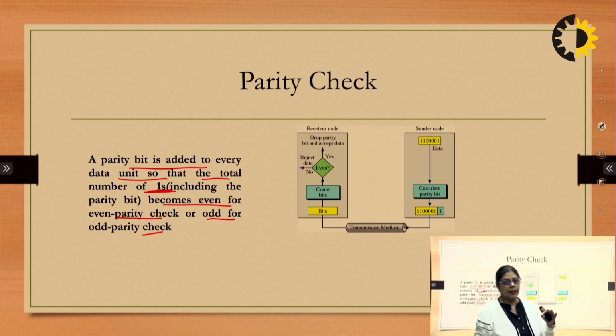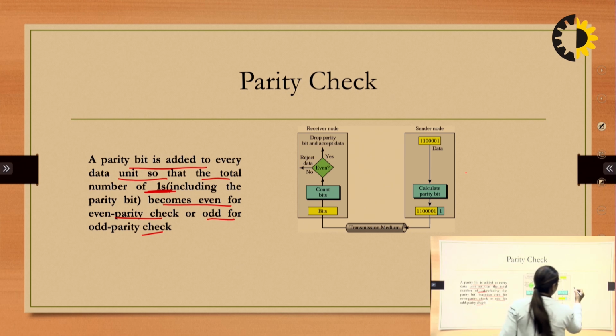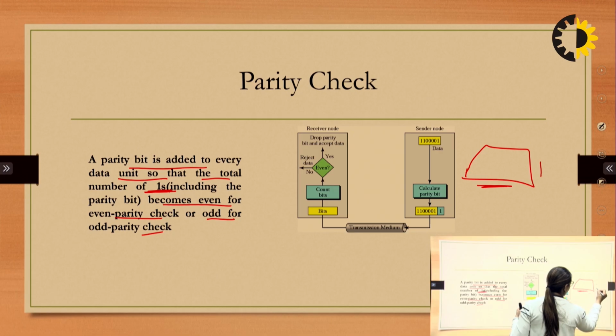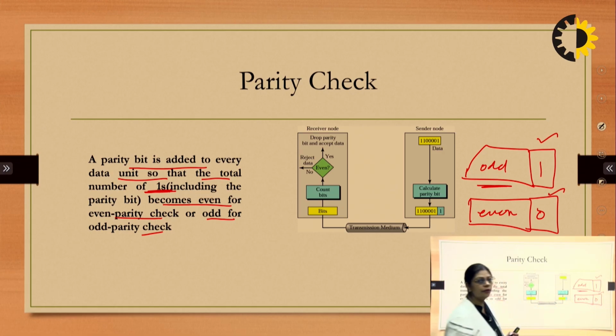If the data which we are sending has an odd number of ones, we will add a single one at the end. If the number of ones is even, we will add a 0. This is the extra redundant bit, which tells the receiver whether the number of ones is even or odd.